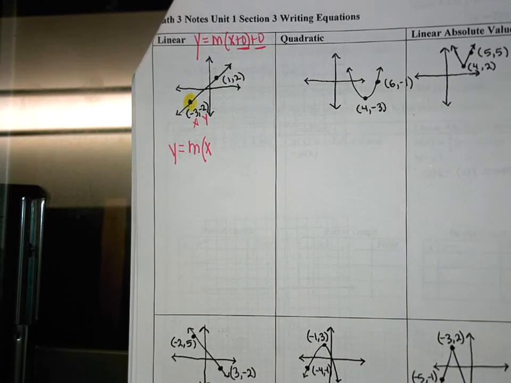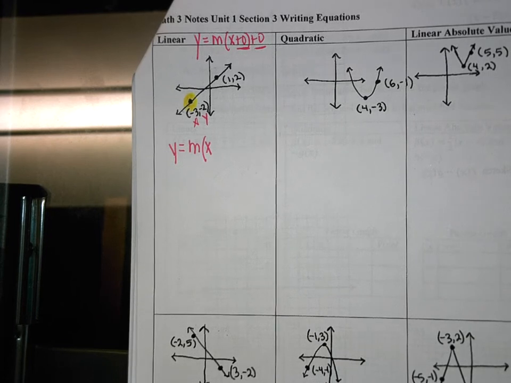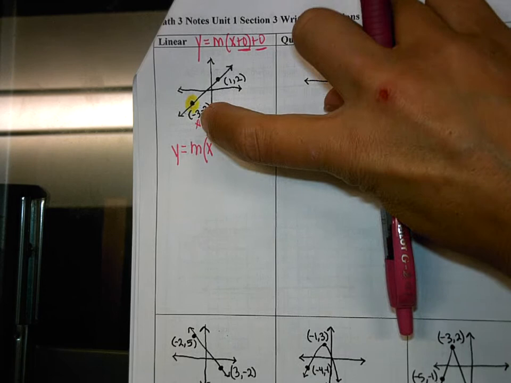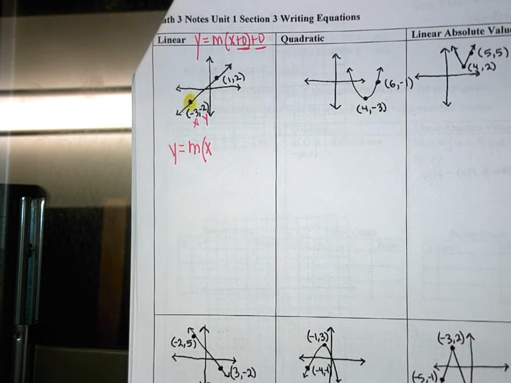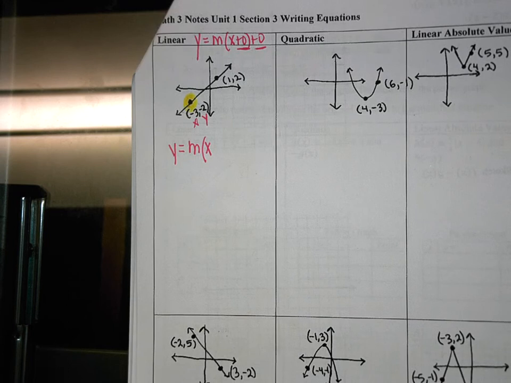Going back, whenever something was in the parentheses, we always set that equal to 0, and then what happens to it? It becomes the opposite, right? You add or subtract it to solve. And so in order for this to end up being negative 3, inside the parentheses it would need to be what? Positive 3.